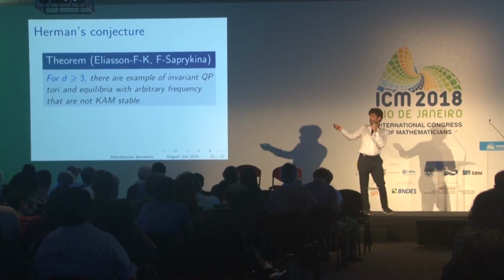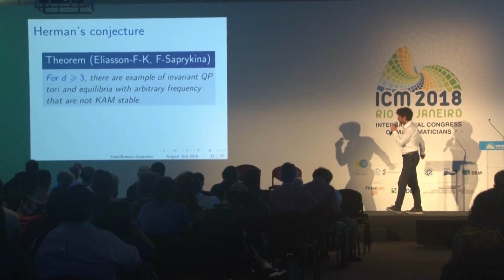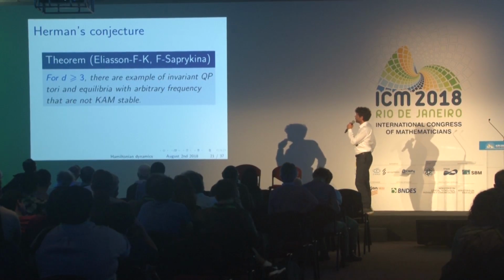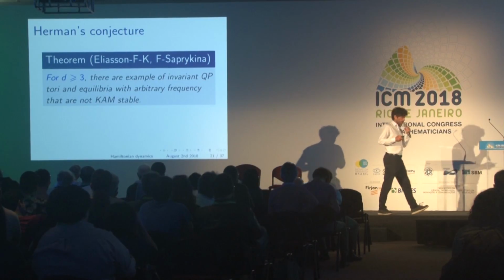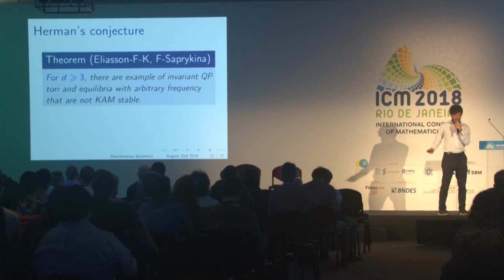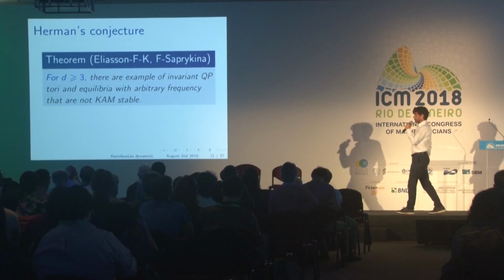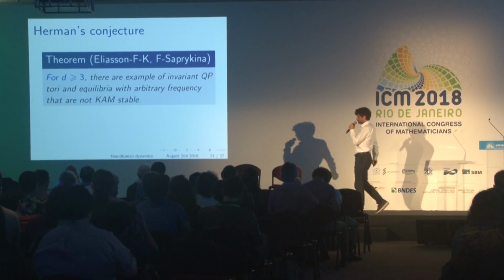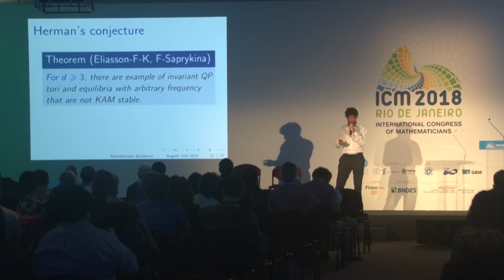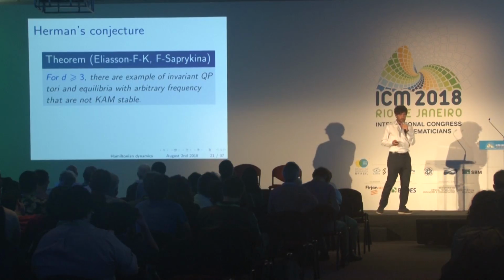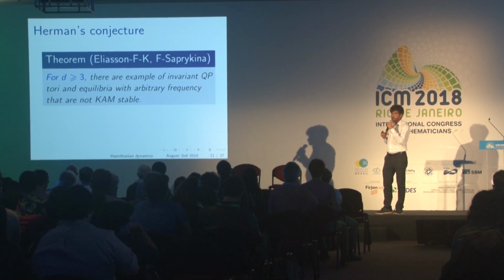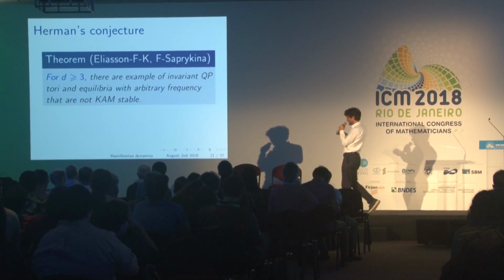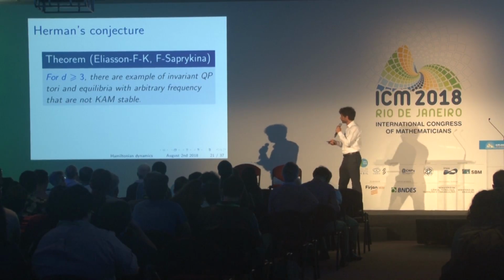So we proved with Håkan Eliasson, Raphaël, and then with Maria Saprikina that in any dimension larger than 3, you have smooth examples of Hamiltonians that have non-KAM stable elliptic points.